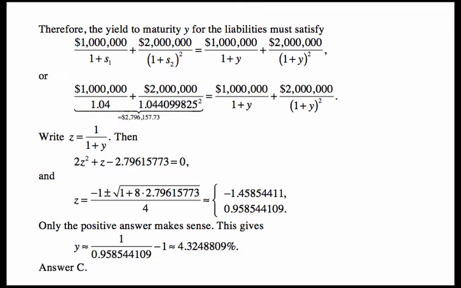Now we write Y for the yield to maturity for the liabilities portfolio that we are looking for. And the liabilities portfolio consists of $1 million in 1 year and $2 million in 2 years. On the left-hand side, we discount them at the corresponding spot rates, and once we do that, we will get the price of that portfolio from the market interest rates.